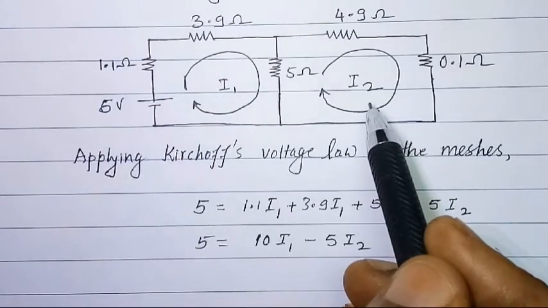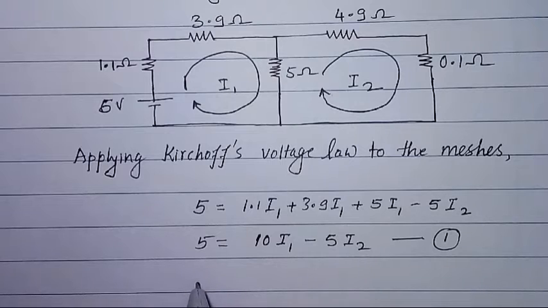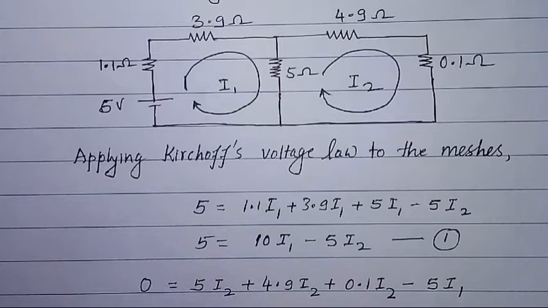In second mesh we are having no voltage rise, therefore voltage rise is 0. Voltage drops are 5 I2 plus 4.9 I2 plus 0.1 I2 minus 5 I1.